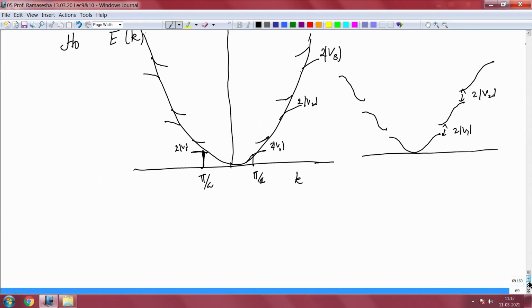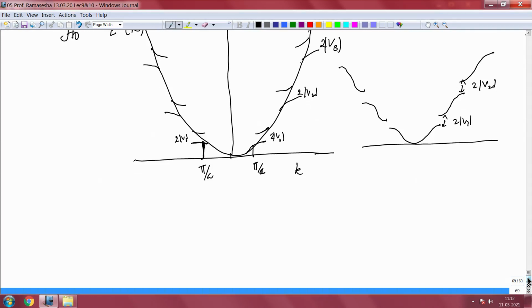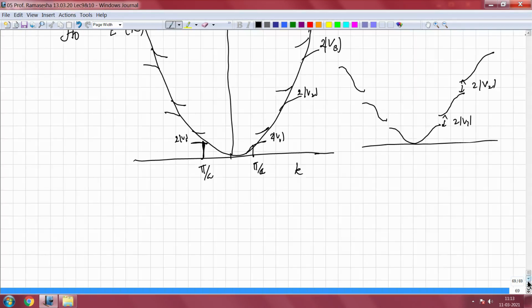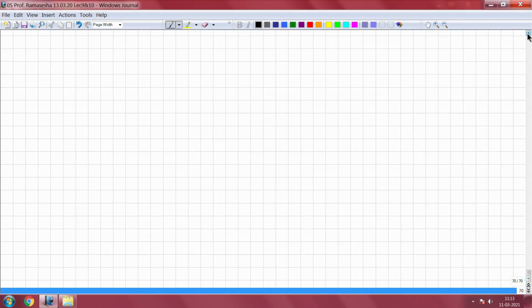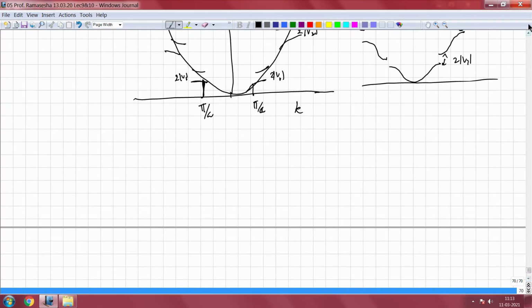Now, let us look at what happens to the eigenfunctions, the perturbed eigenfunctions. To see the perturbed eigenfunctions, we will do the following. So, psi plus goes as cosine pi by a times x, and psi minus goes as sine pi by a times x.